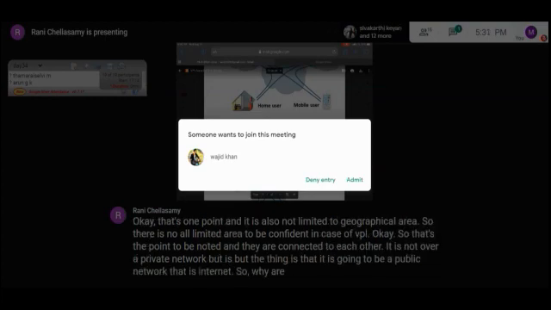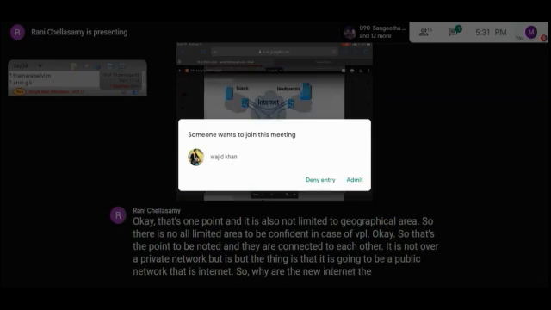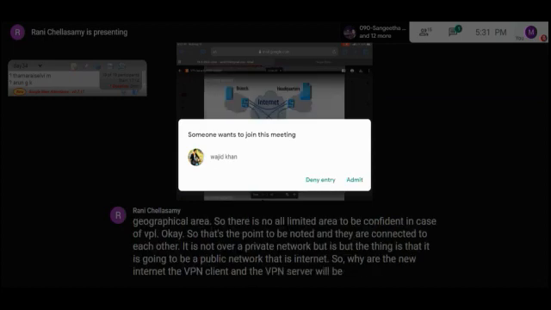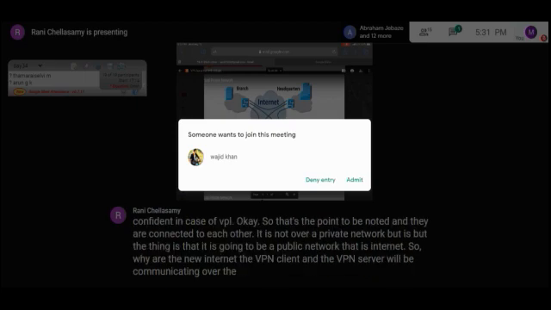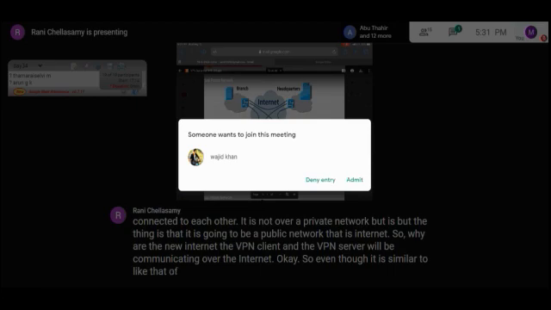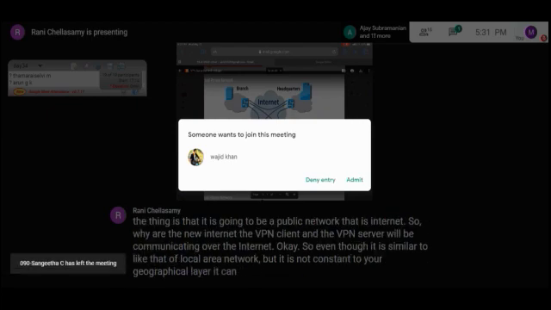So via the internet, the VPN client and the VPN server will be communicating. Even though it is similar to a local area network, it is not confined to a geographical area. It can be widely spread and remotely located.